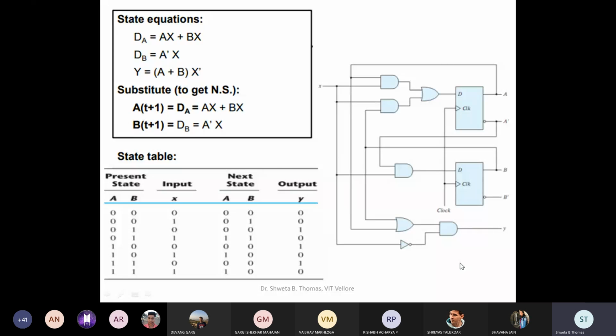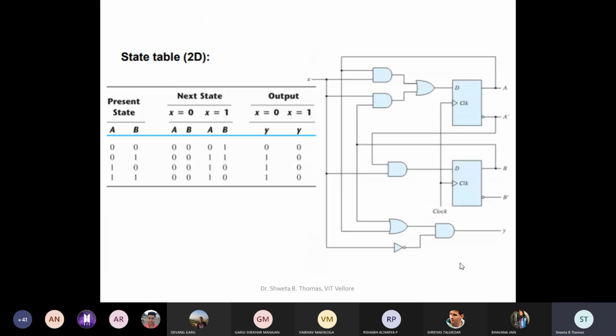Now, this table you can also write in this way. This is the present state AB: 00, 01, 10, 11. For all possible combinations, you have to write the value of the next state for x is equal to 0 as well as for x is equal to 1.